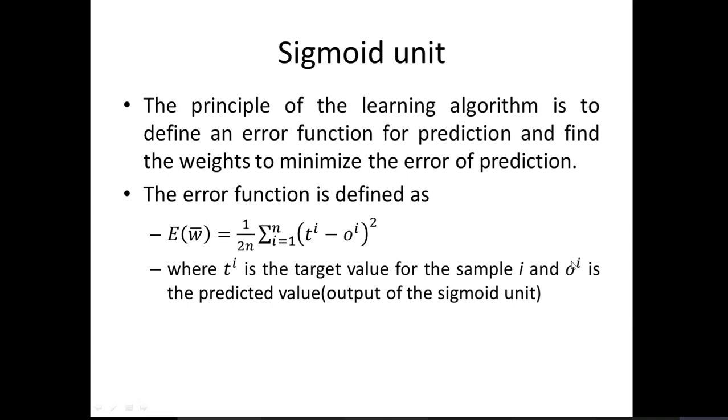Ti minus Oi. What is the target label, and what should be the output label given by our model? Whole square. So this seems to be a reasonable, rational and justified error function, because it is trying to find the average of the square of the error.